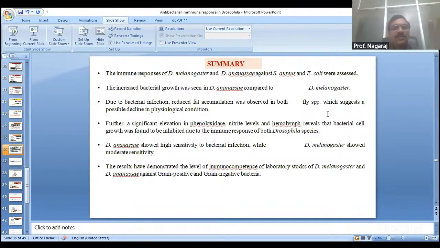So coming to this basic immune response, all the results I gave you are the basic immune responses shown by the fly, different species, including survival rate and phenol oxidase activity, melanization, and zone of inhibition and immunocompetency.